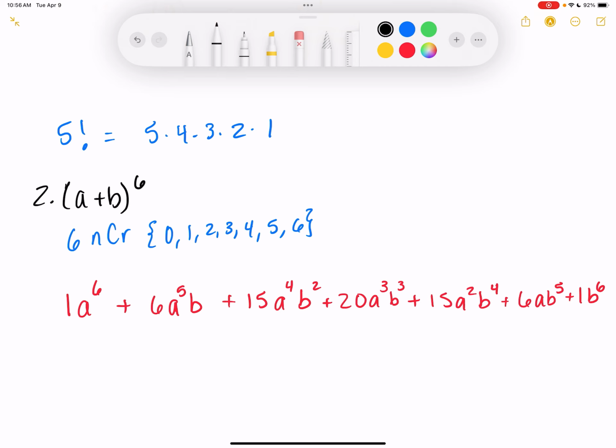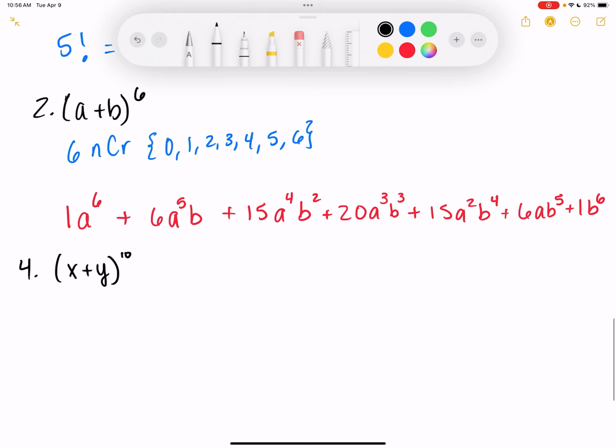So then number 4 is x plus y raised to the 10th. So instead of having to retype everything, because you'll have 10 NCR and then 0, comma 1, comma dot dot dot, comma 10, you can actually hit second and then enter, which is entry, and it brings up where we were before.